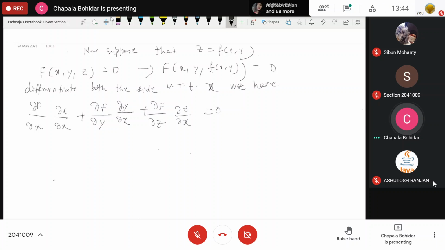Now listen here, z is the function of x, y. And when we are differentiating with respect to x, we must keep y as the constant. So here, this value is 1. But this, if we keep y as a constant, this value is equal to 0.